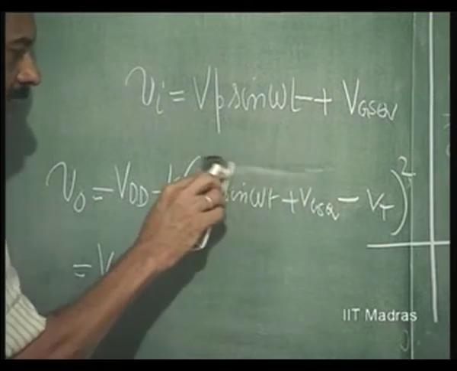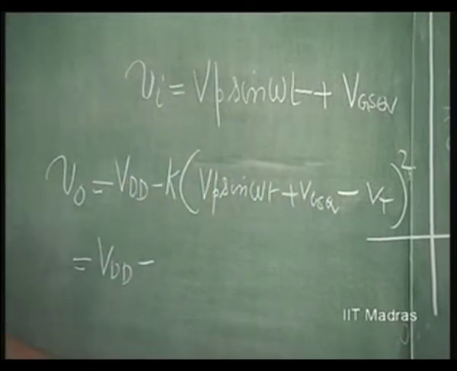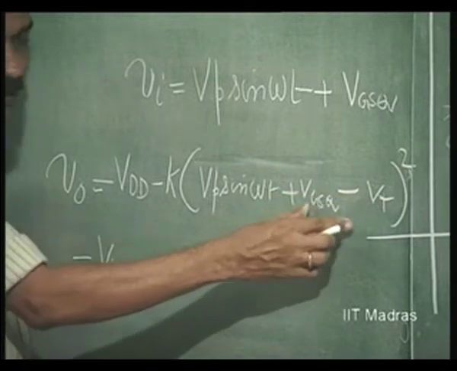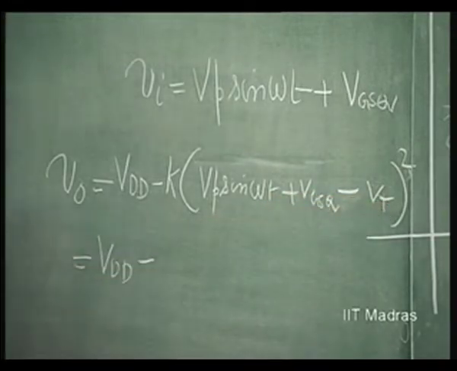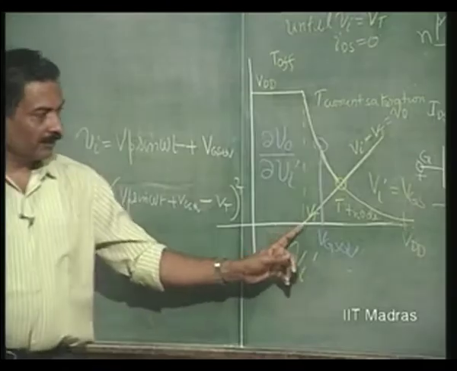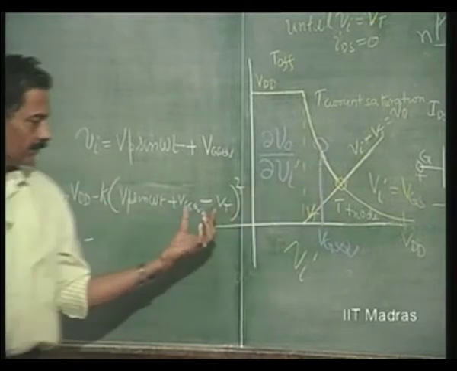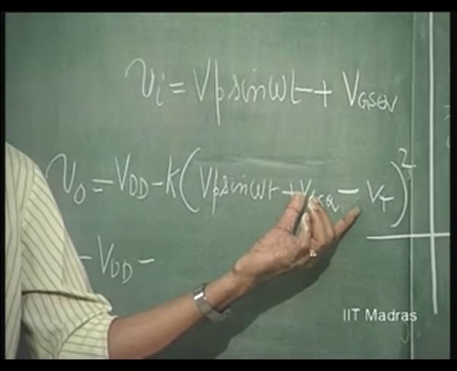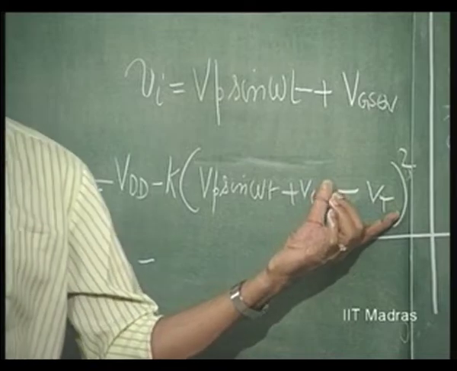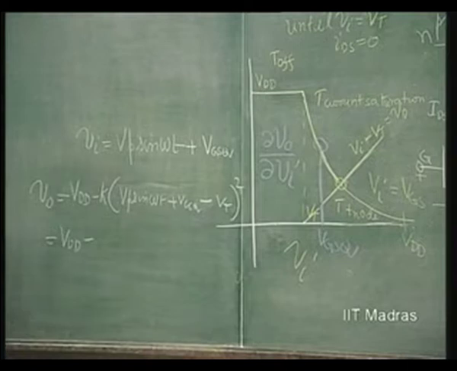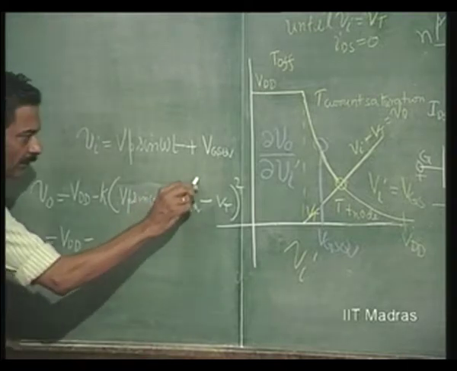This is nothing but VGS, time varying VGS, but this is VGSQ DC minus this is another DC. So, VGSQ minus Vt is a DC. VGSQ has to be necessarily greater than Vt in order to locate it in the active region. So, this is a positive quantity. VGSQ minus Vt is a positive quantity for this n channel device. So, this therefore can be put as a constant.